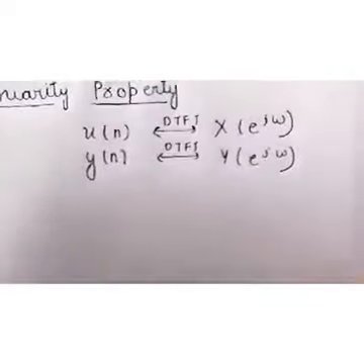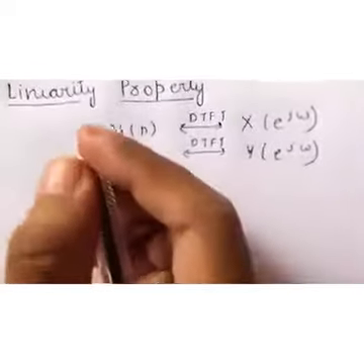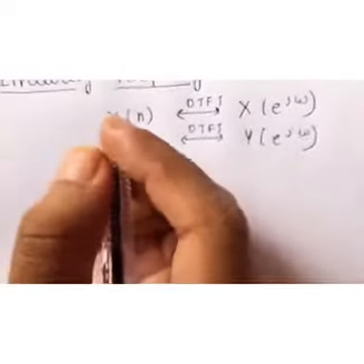The property of linearity says that if the input is a weighted sum of one or more signals, then the output is the weighted sum of responses of the two individual signals.